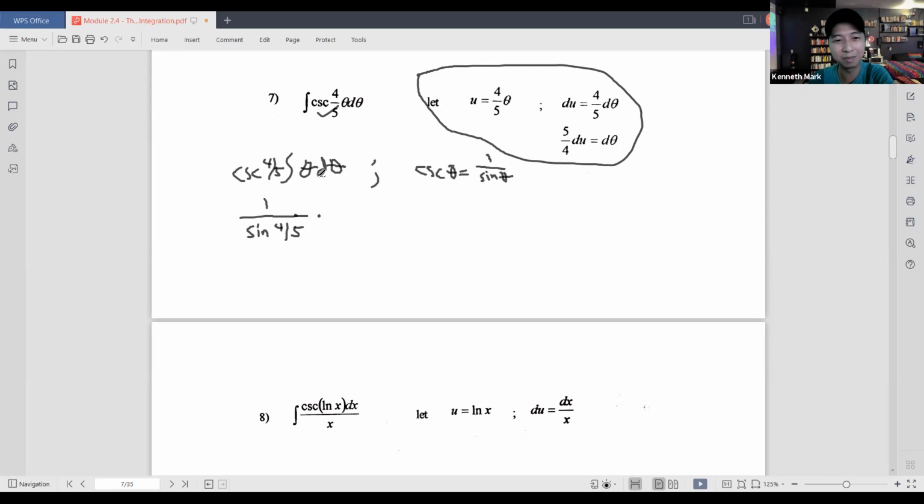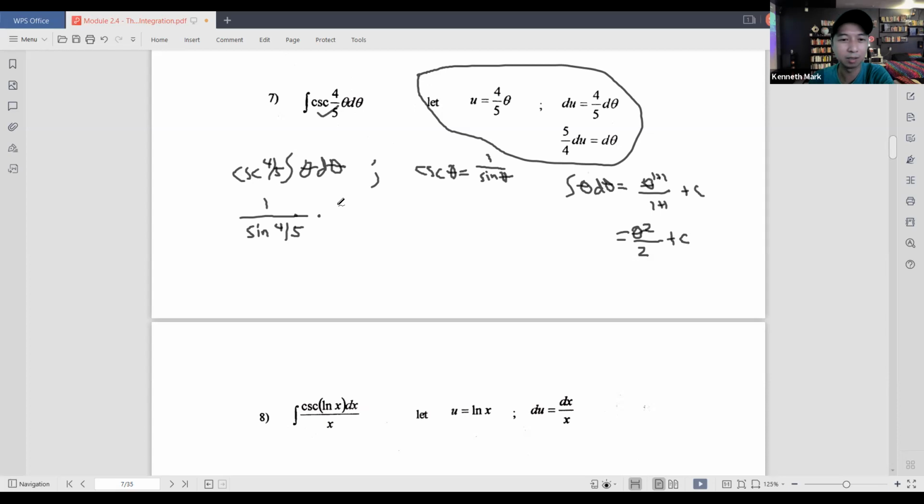So ano yung integral of theta d theta? So integral of theta d theta is just equal to, exponent tayo. Okay, so this will become theta to the 1 plus 1 over 1 plus 1 plus c. Or this is equal to theta squared over 2 plus c. So ito na siya.